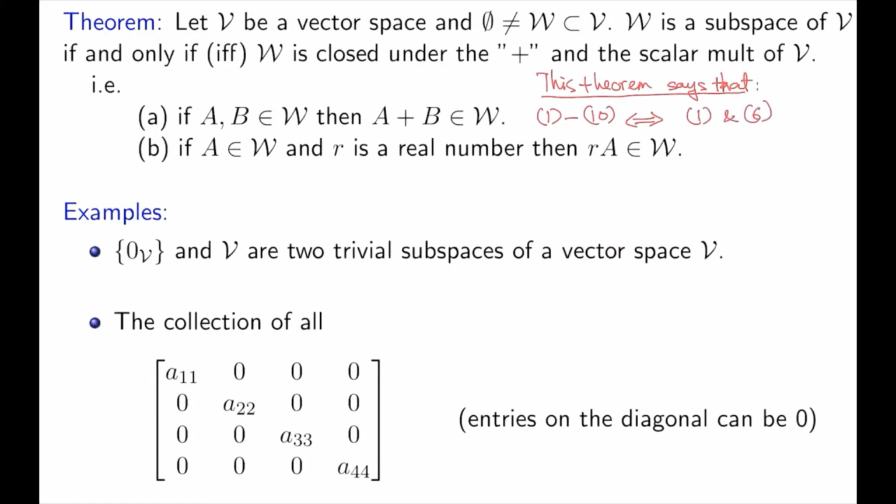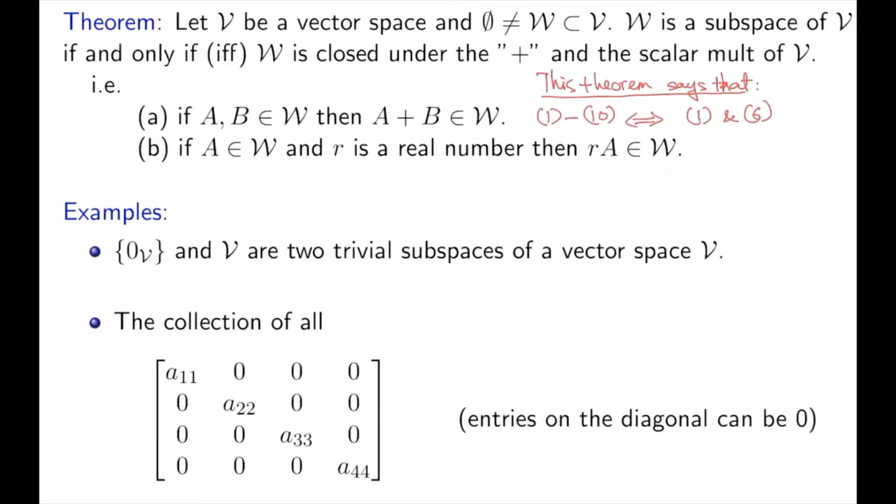Right. If we check property number 1, A, and it is satisfied, then we say that W is closed under the addition. Because you start with something inside W, you add them, and you are still inside W. So you are not going outside if you just add.